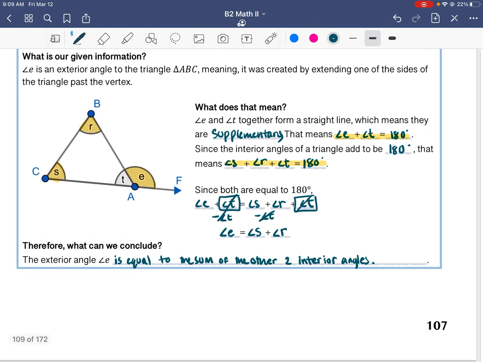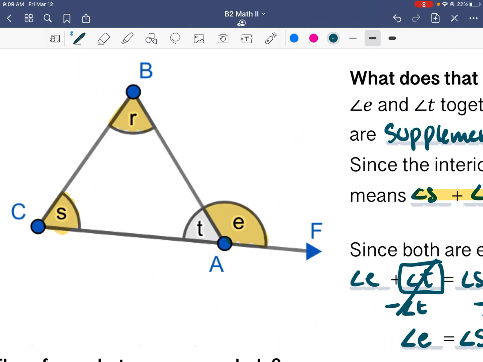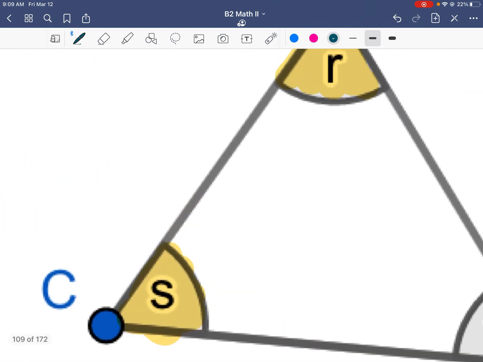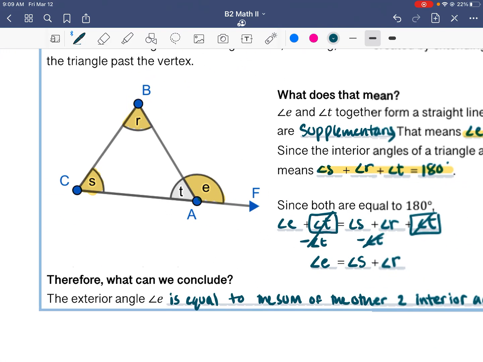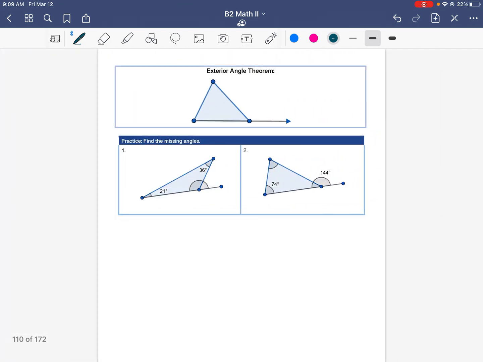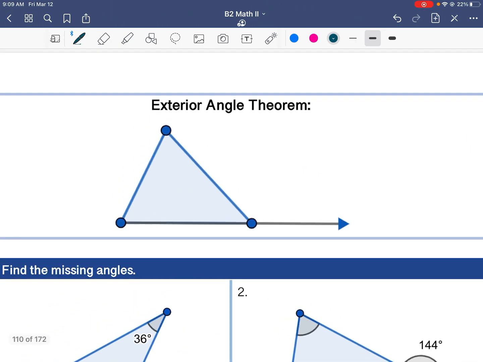Perfect. Okay. So let's do some problems. So it just means that this outside angle and the two other interior angles are the same.